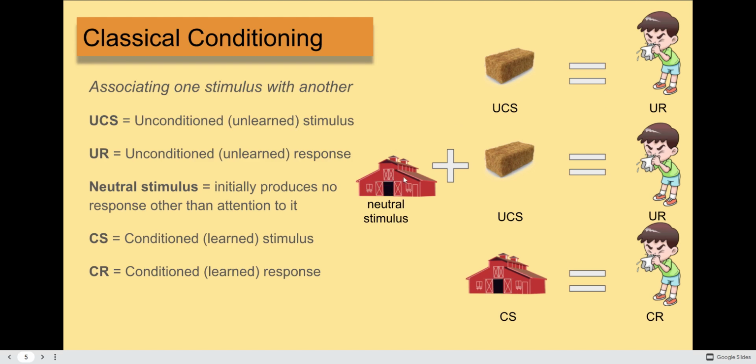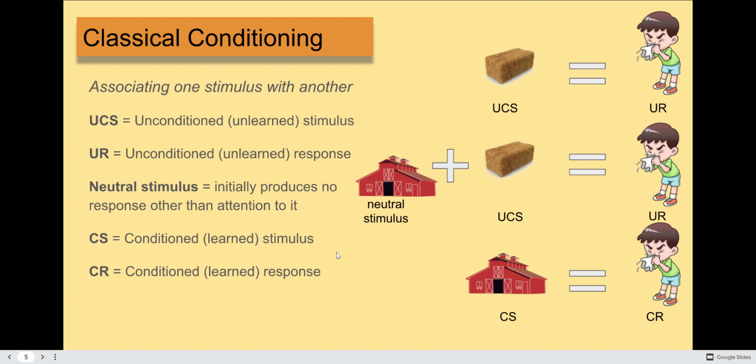Yes, you'd pay attention to it, but you're not going to sneeze or cough or choke or get sick at the sight of a barn. The barn is a neutral stimulus, and initially it produces no response other than some attention. Eventually, though, just by seeing the barn alone, you start to associate it with the bale of hay and the allergic response of sneezing. So now, simply seeing the barn is a learned, conditioned stimulus. And if you sneeze when you see the barn, it's a conditioned or learned response.